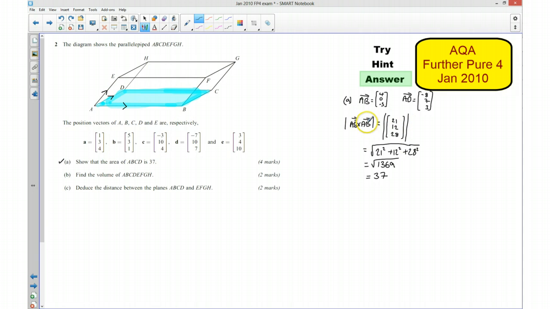Put that down wrong there, haven't I? Okay, that should be AD, and I now need to dot that with AE. So what I'm going to work out is AB cross AD dot AE.